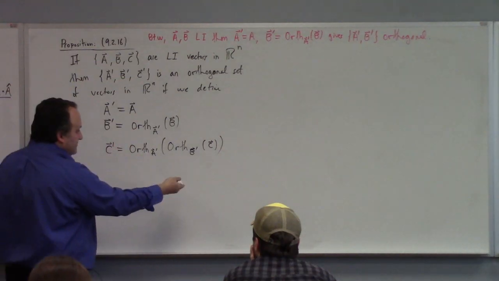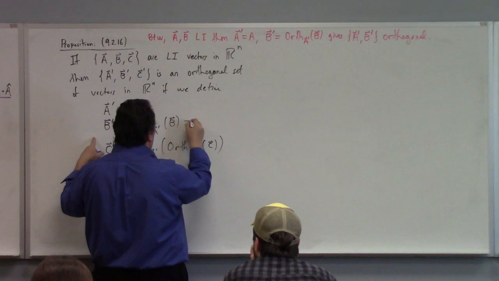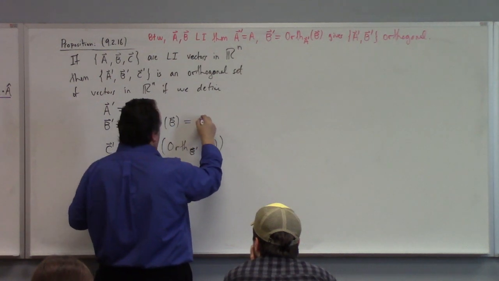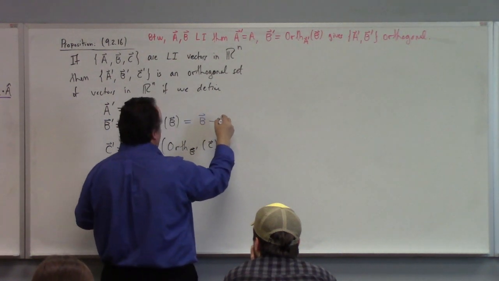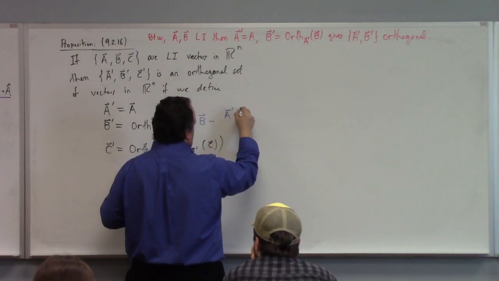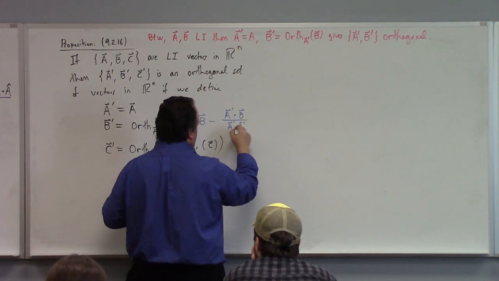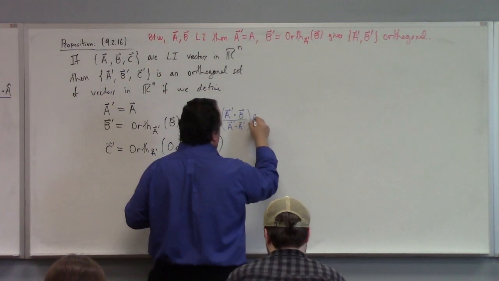Here's how to do it for 3. What's the formula here? This is B minus, how's it go, A prime dot B over A prime dot A prime, times A prime.